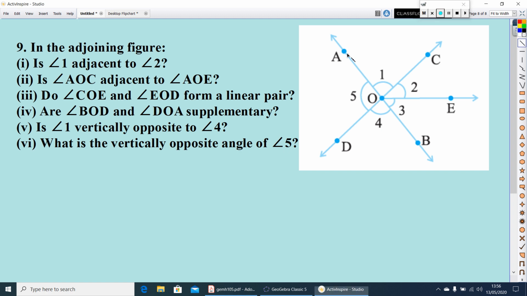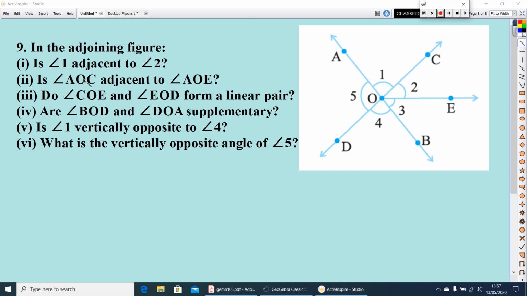Look at angle 1 and angle 2. Are they adjacent? You check the common vertex, common arm, and whether the non-common arms are on either side of the common arm. Please check the three conditions and write the answer whether they are adjacent or not.